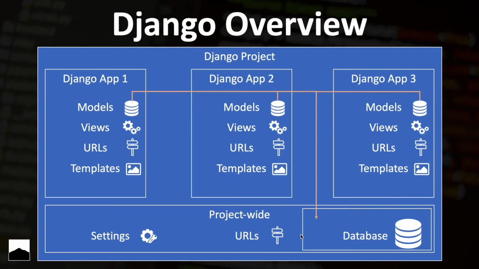Then we have URLs. So I mentioned before, it's where the routing happens. We create a URLs file for each app just for housekeeping. If we have a lot of apps and there's a lot of URLs coming with those apps, it's better to keep them separated. But then all those URLs are included into the main URL file anyway, and that's where the actual routing is happening.